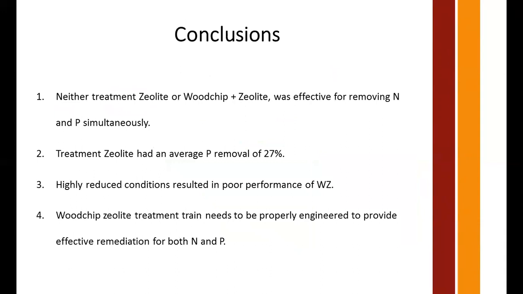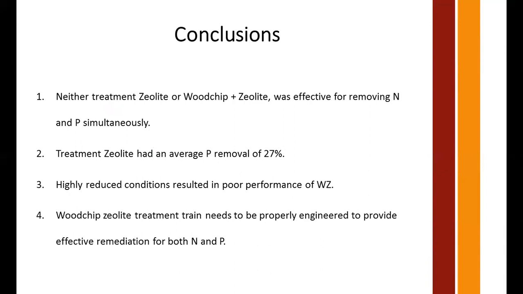So finally, my conclusions. Neither treatment zeolite or woodchip zeolite was effective for removing nitrogen and phosphorus simultaneously. The zeolite treatment had an average phosphorus removal of 27%. We suspect the highly reduced conditions resulted in poor performance of treatment WZ.